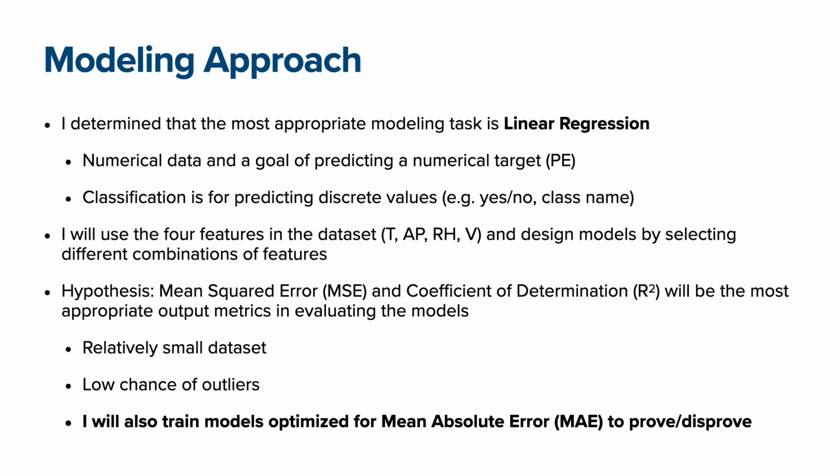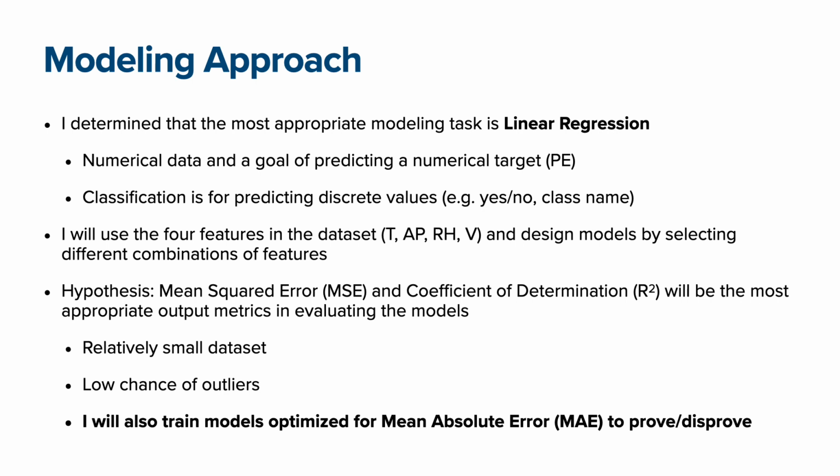I wanted to design models by selecting different combinations of the four features that were provided in the data set. But going in, I also wanted to figure out what is the potential for outliers having an impact on the model's performance. So I started with a hypothesis.